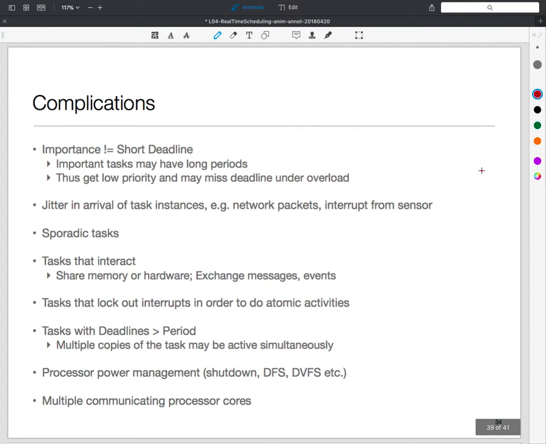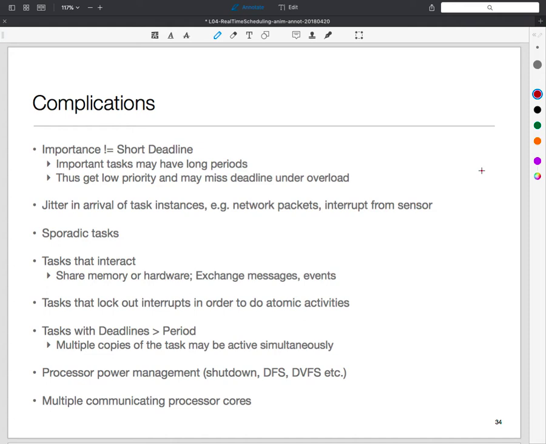So, the final bit: complications. One complication that arises is that importance and short deadline are not the same thing. In rate monotonic and deadline monotonic, we are saying the closer the deadline, the higher the priority. But I may have tasks whose period or deadline is more relaxed, but they are more important, and I would rather they not fail.